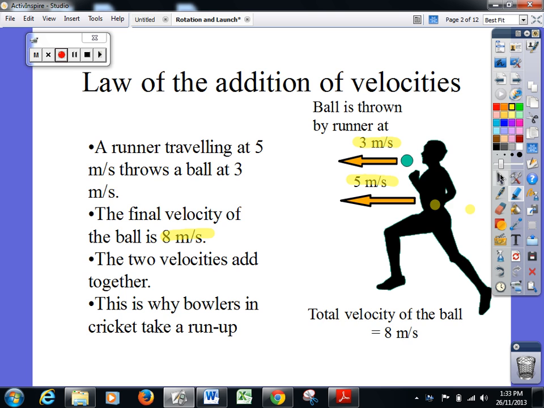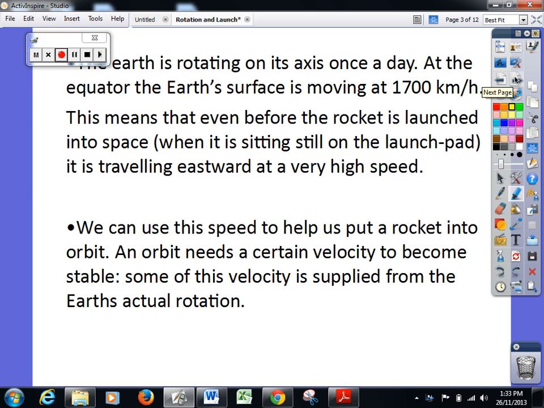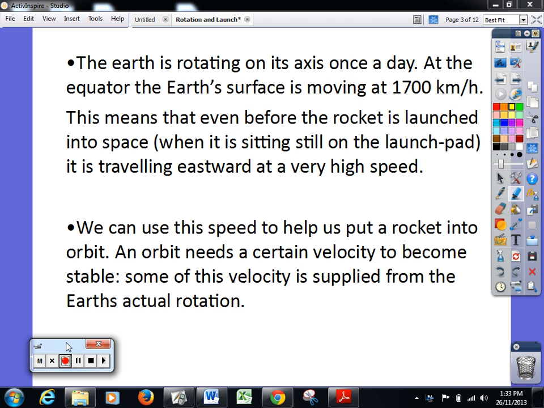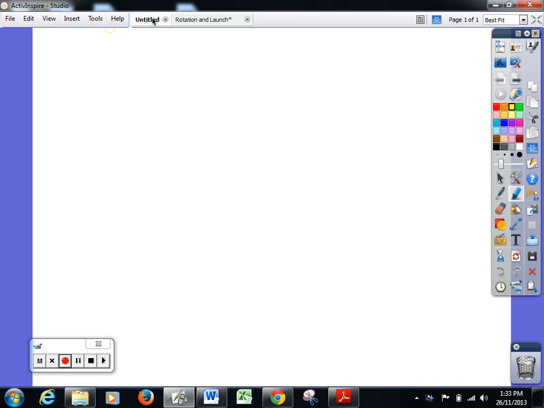Now we're going to take this principle and use it when we have a look at why we launch towards the equator on the Earth, because on the Earth's surface, the Earth is not travelling at a specific speed all over its own surface. So just taking a few moments to have a look at this.